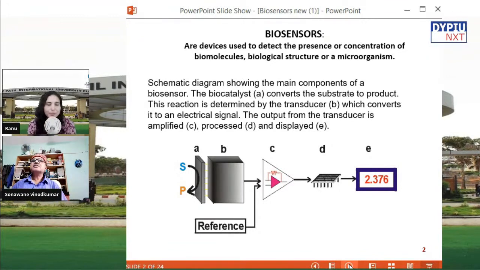Okay. Suppose they want to make a small biosensor. If you take a simple example of a closed circuit, take a salt solution and put some electrodes into it.